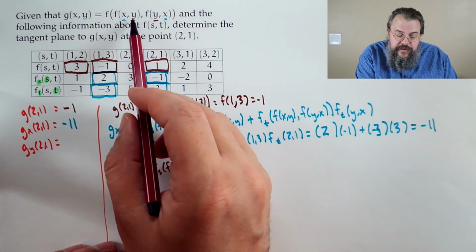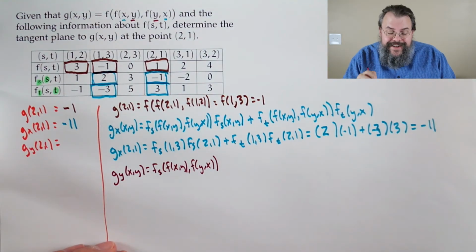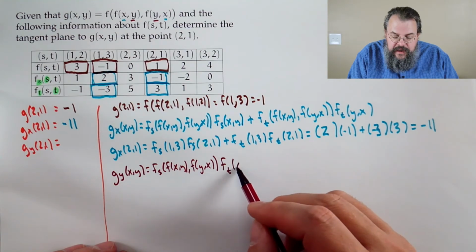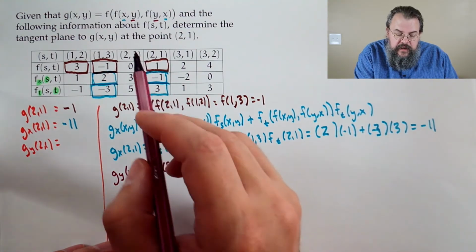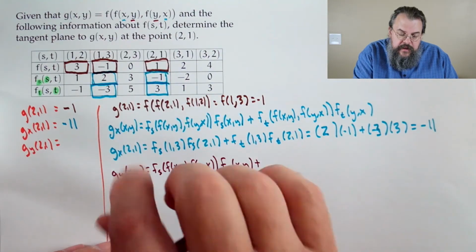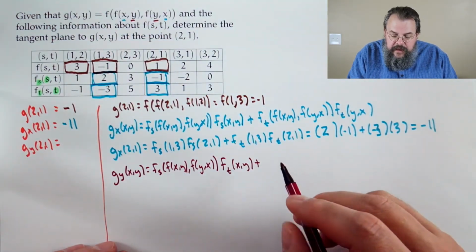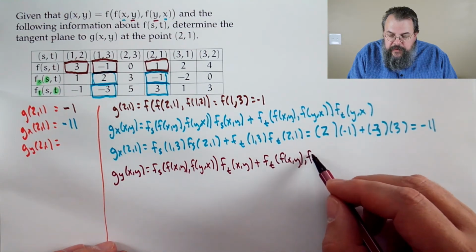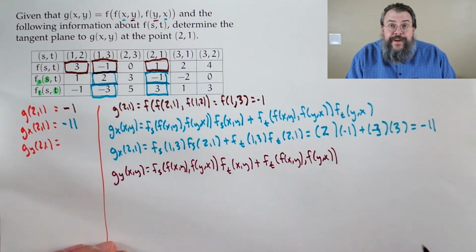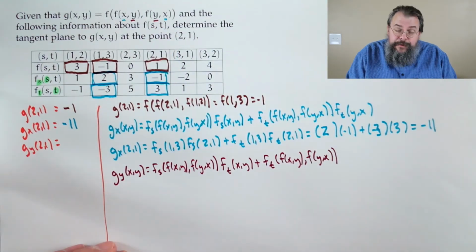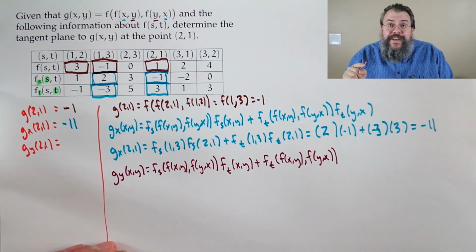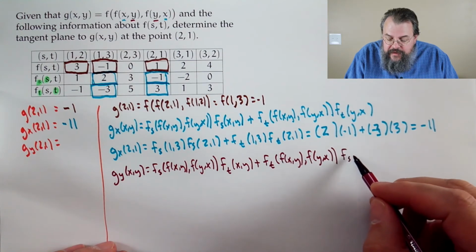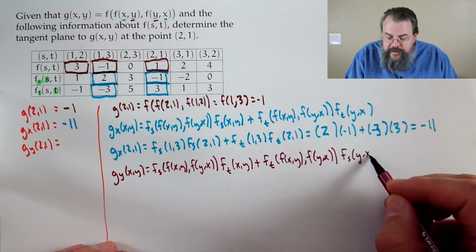Well, now, notice where is the y? It's in the second slot, so it's going to be f sub t of (x, y). Plus, now take the derivative of the outside with respect to the second slot, f sub t of (f(x, y), f(y, x)), times the derivative of the second slot with respect to y, and now it shows up in the first slot, which means it's f sub s of (y, x).